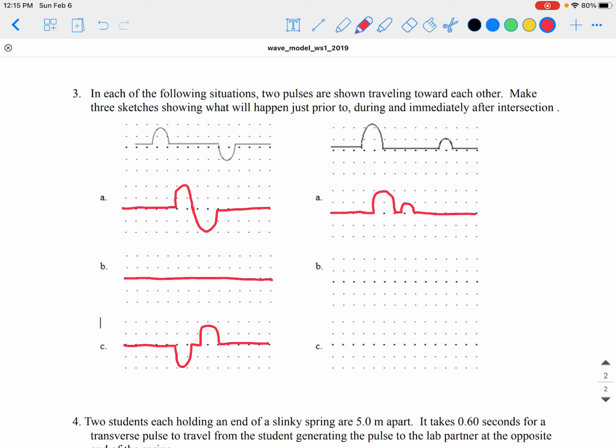And then when they actually add up, you'd have the large wave extra big in terms of its amplitude because they're adding together. And then when they go through each other, the small wave passes the larger wave, so it would look like this. So that would be your second scenario of waves interacting, or what we call adding together.